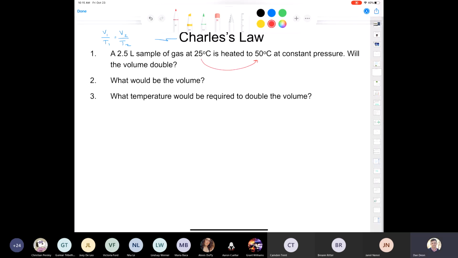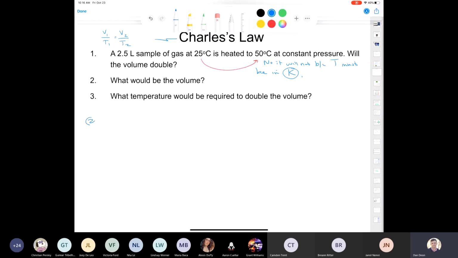So he says, no, the temperature is not going to double. The answer is no, it will not, because T must be in Kelvin. Charles' Law does not work unless temperatures are reported in Kelvin.